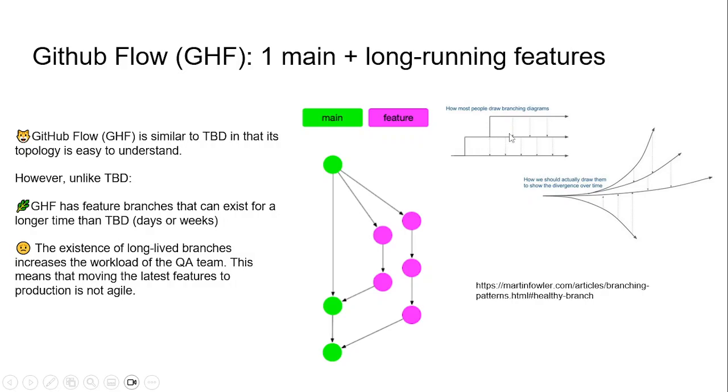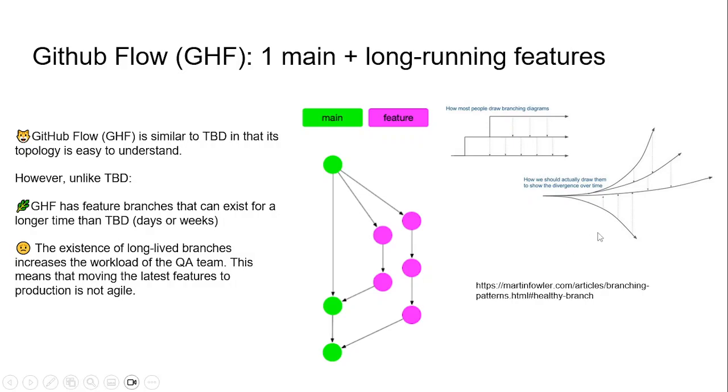Also, there is this important thing to notice. Here we have a representation of how branches appear in the code. This is theoretical, but there is also this representation that is more accurate. Why do I say so? When we have branches with a long life, we make multiple commits to each branch, and when we have separate branches with commits on each of them, conflicts could happen.